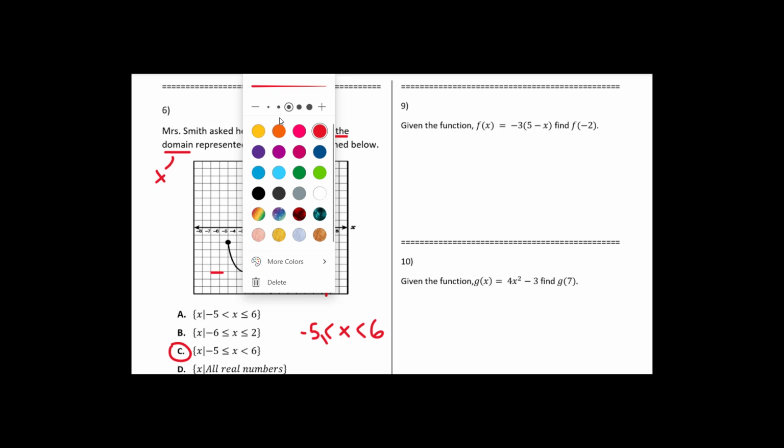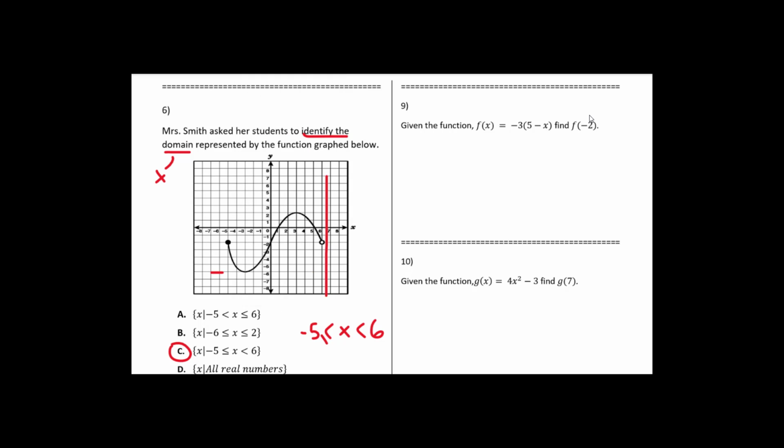And let me make my lines a little bit thinner. Okay, so basically here is function notation. And with function notation, whatever you see inside this parenthesis, that's your x value. So basically what we're going to do is copy the formula, but instead of x, we're going to replace the x with the x value that is given.